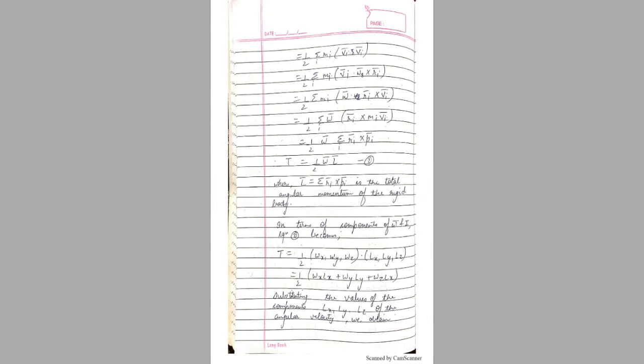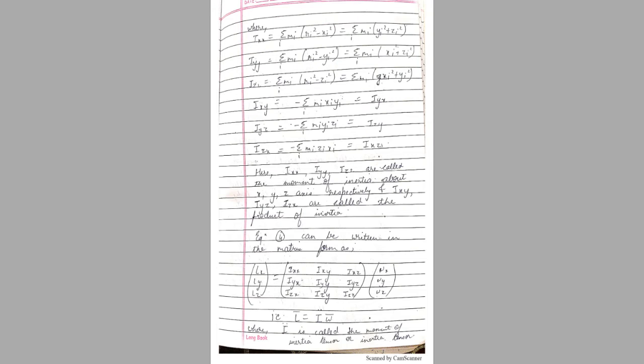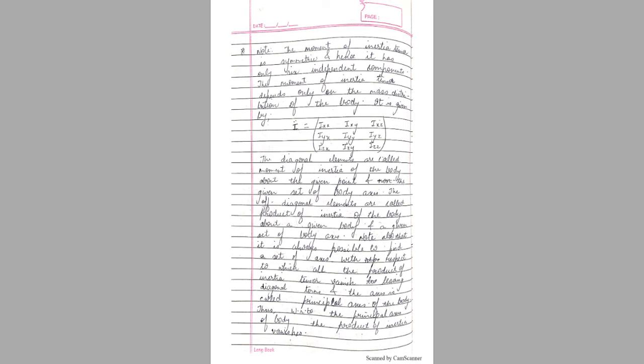We had also completed this note that said that for the moment of inertia matrix, if we are considering a body which is rotating along the principal axis, in that case only diagonal elements exist and the non-diagonal elements are all zero.